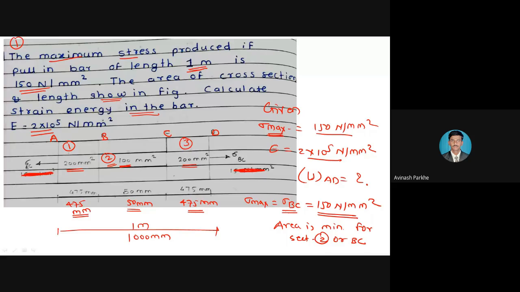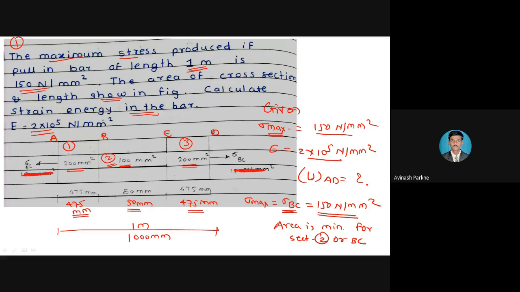Now, by using this sigma of BC, I have to calculate the stress induced in section number 1 and section number 3. If I calculate the stress for section number 1, the same stress will be applicable for section number 3, because section 1 and section 3 are similar to each other.